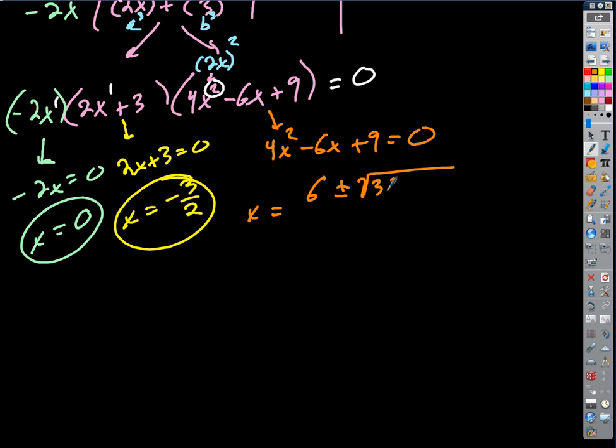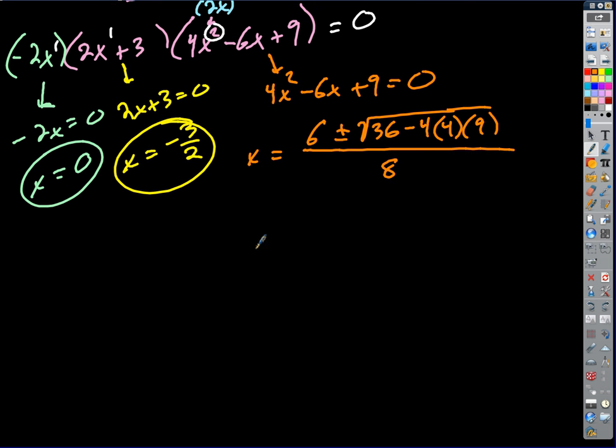Well, negative 6 squared is 36 minus 4 times a times c. 4 times 9 is 36, times 4 would be 144. And on the bottom I'm just getting an 8, right? Let's go ahead and split this up into separate fractions. Okay, so we got a common denominator, but let's split that up.